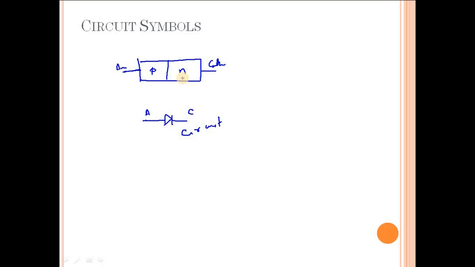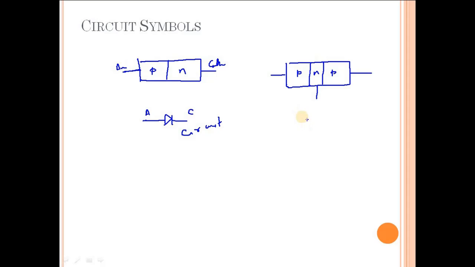In a similar way, in the case of BJTs also, we will use the circuit symbol rather than the construction diagram. Up till now we were using a PNP construction diagram like this for representing the PNP BJT in a circuit, which is not a convenient way of representing circuits involving BJT.